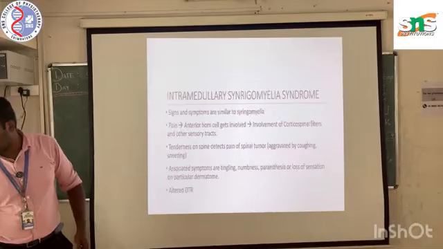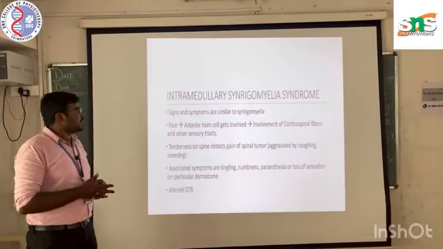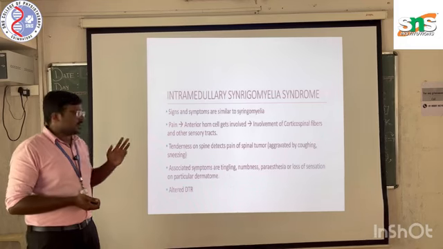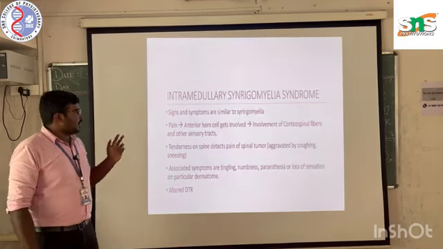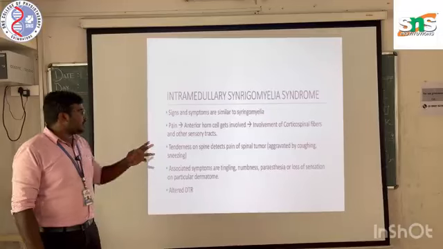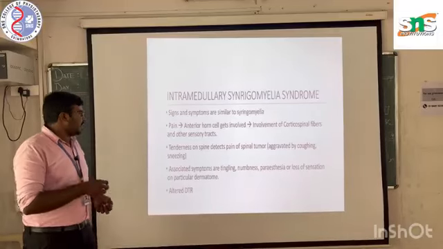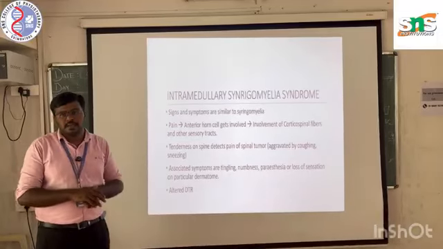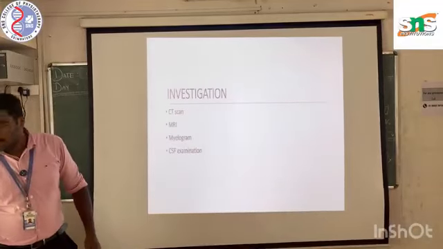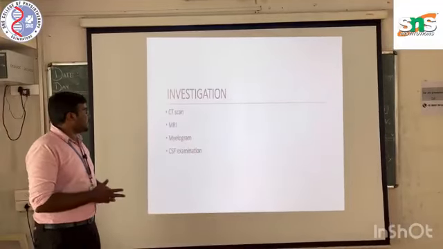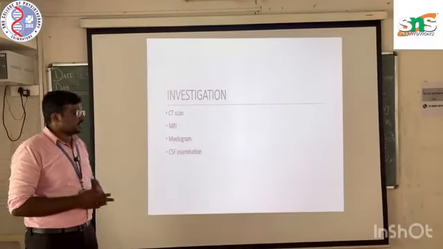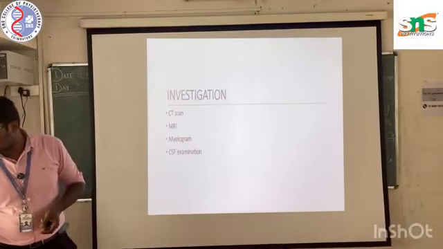Then intramedullary syringomyelia syndrome: these patients have pain and mainly the anterior horn cell is involved, so the corticospinal tract is affected. We have tenderness present over the spinous process. For investigation, we use CT scan, MRI, myelogram, and CSF examination.